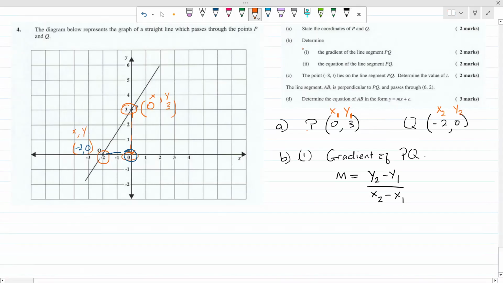We're getting that because you have 2 points, first and second point. So M is equal to y2 will be 0, y1 will be 3, x2 will be minus 2, and x1 will be 0. So 0 minus 3 will give me minus 3, and minus 2 minus 0 will give me minus 2. And minus divided by minus will give me a plus. So we get the gradient to be 3 over 2.